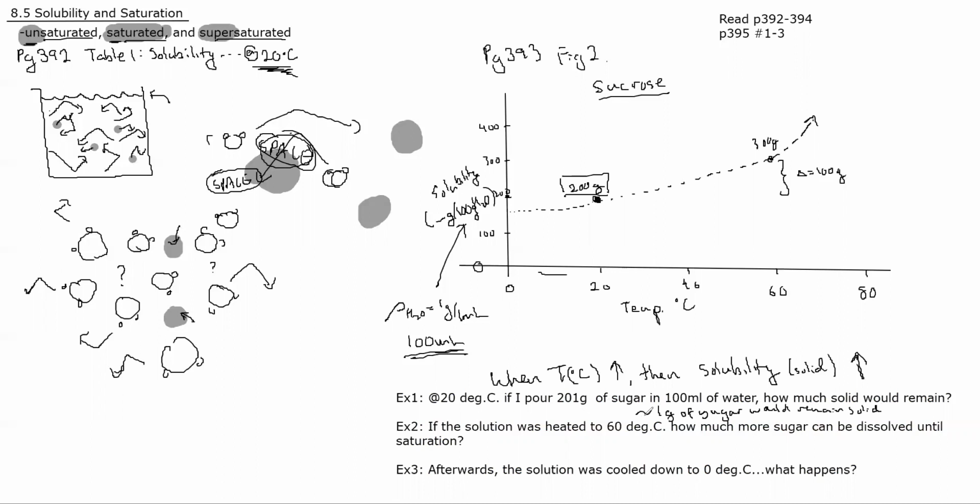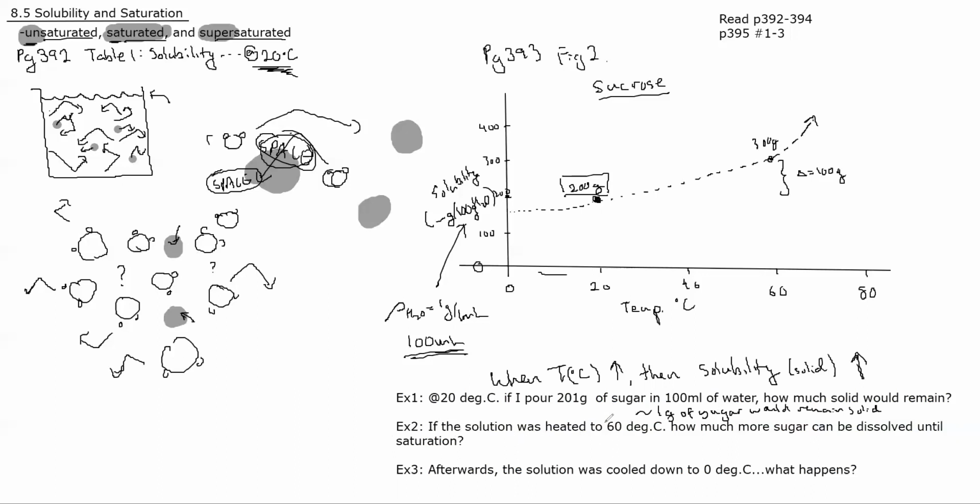Water will randomly choose to surround that last remaining gram of sugar. But in doing so, it will cause another gram of sugar that was already dissolved to be displaced and turn back into solid form. So I dissolve 1 gram, but I end up crystallizing 1 gram. And so, in essence, it will always have 1 gram of sugar remaining in solid.